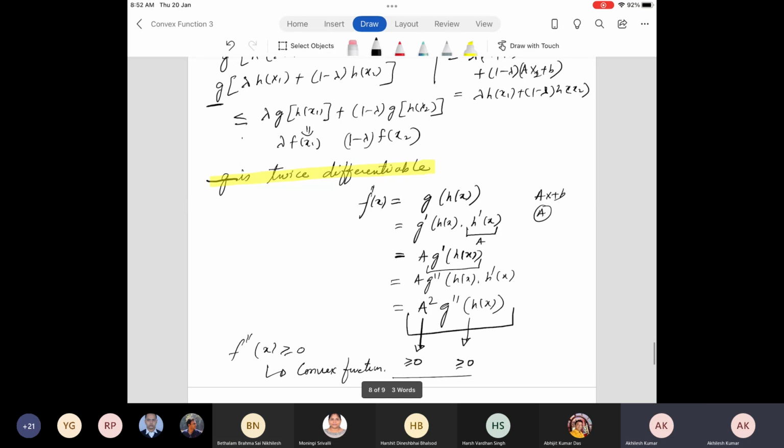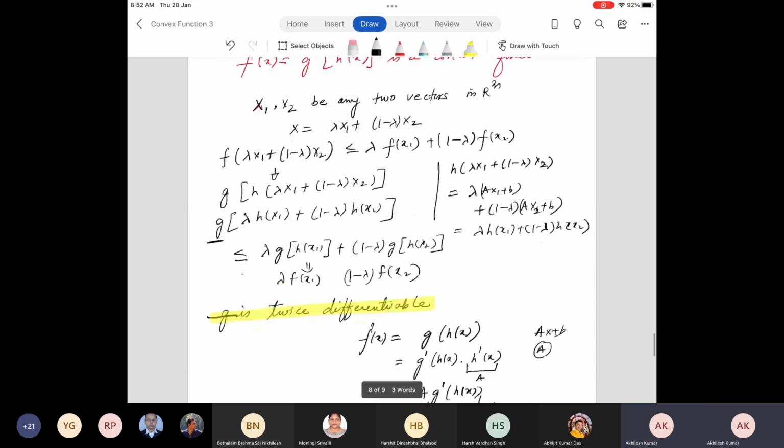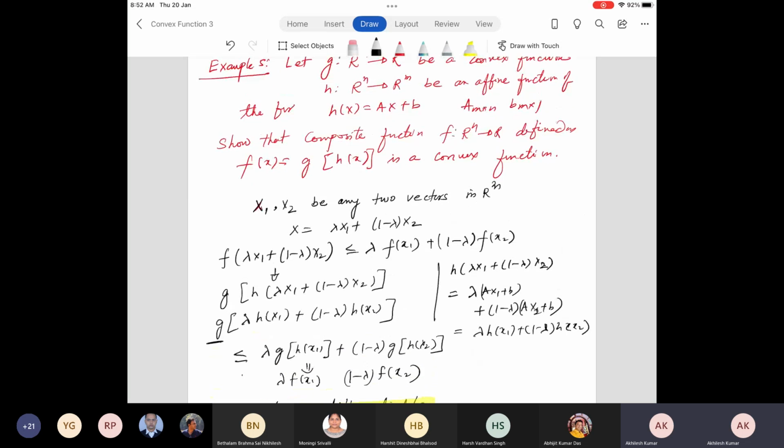But why did I not do this when I was just looking at the first part of the problem? Why did I not use this strategy to show it is a convex function? Because nowhere was it given that it is twice differentiable. So keep that in mind. If I ask you any question and I have not discussed anything about differentiability, do not use second order differentiation or the Hessian and say that we have a convex function.